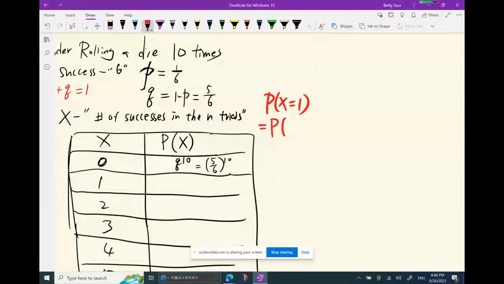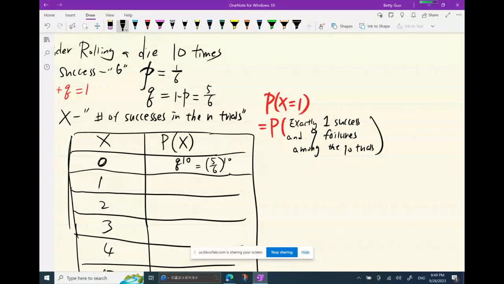Probability of X equals 1 means among the 10 trials, we have exactly 1 success and 9 failures. Then do we know which time we got a success?